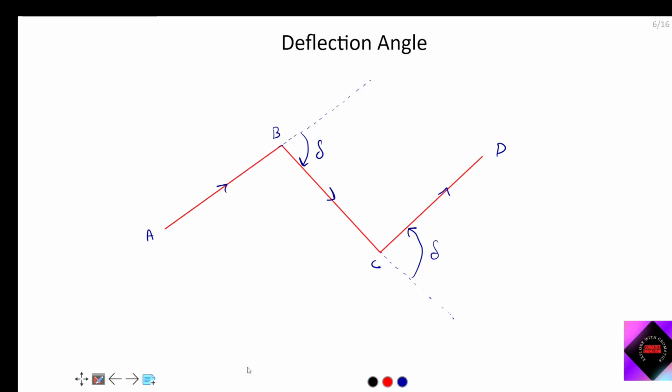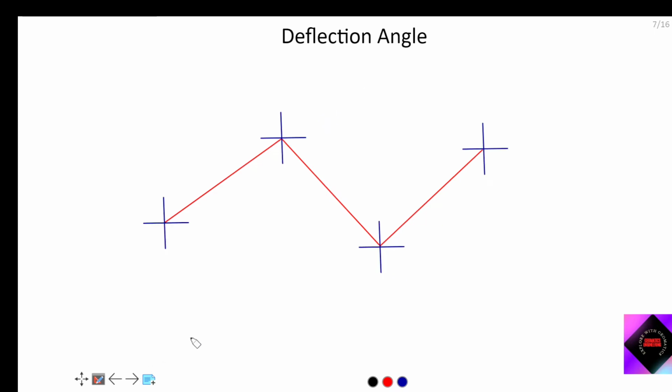So now moving further, how will we calculate this? Again, make the meridians north, south, north, south, and so on. We will calculate in this only.